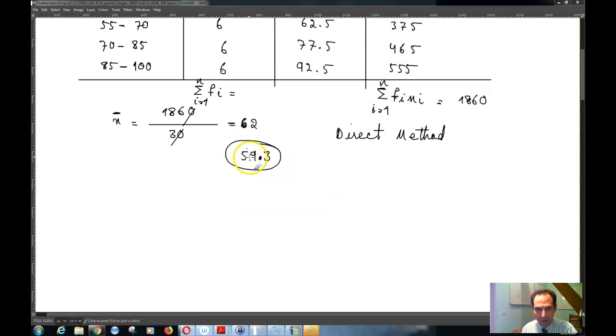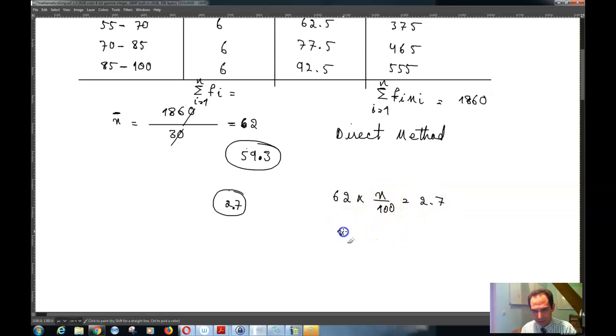The difference of these two numbers is basically 2.7, right? Now I want to know what percent of 62 is 2.7. So 62 times x percent is equal to 2.7.